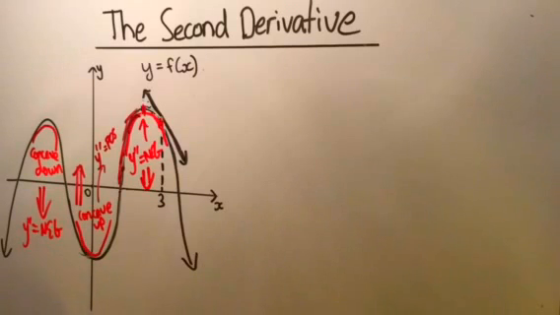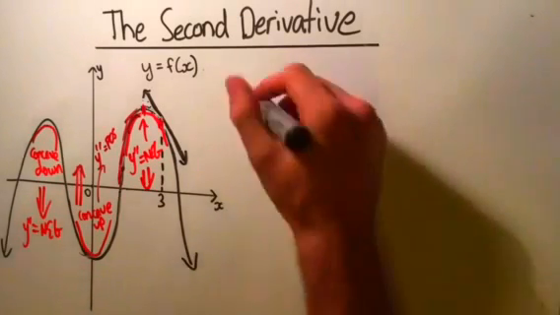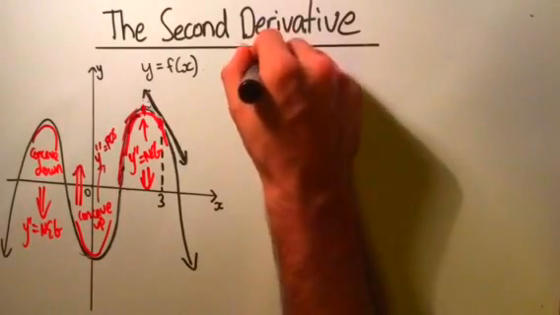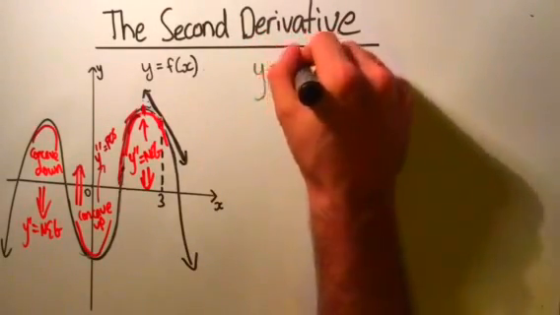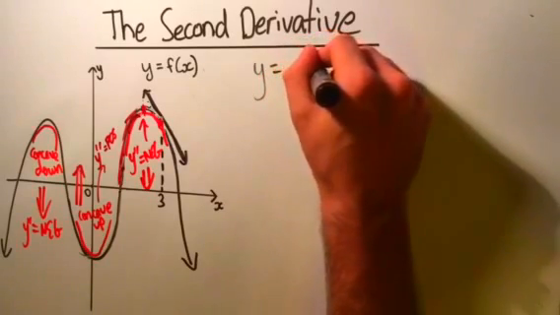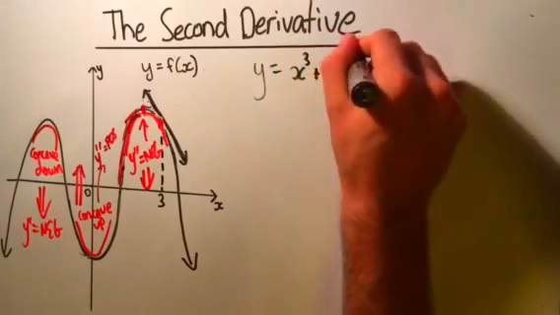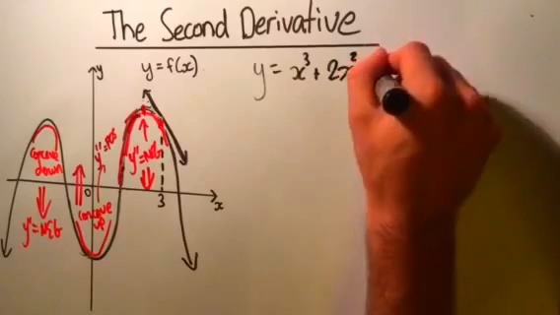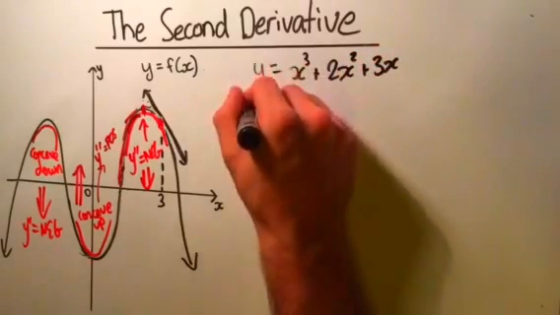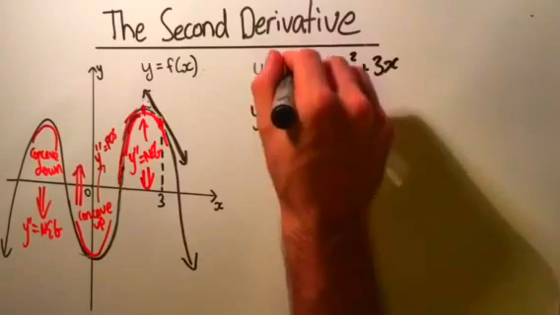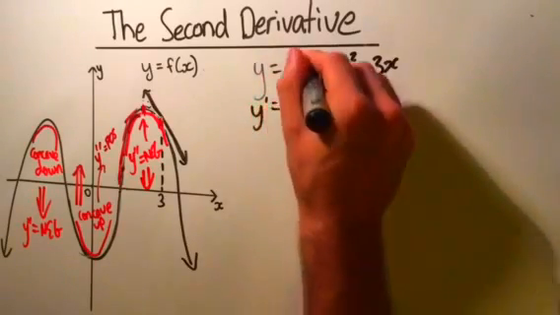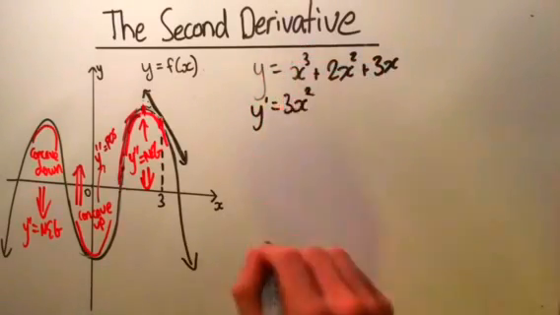Okay, so let's look at an example to see how we can find the second derivative. Let's say we have the equation y equals x cubed plus 2x squared plus 3x. Well, we know to find the first derivative, we use our rule and we move the 3 to the front, and we minus 1 from the indices to get 3x squared.